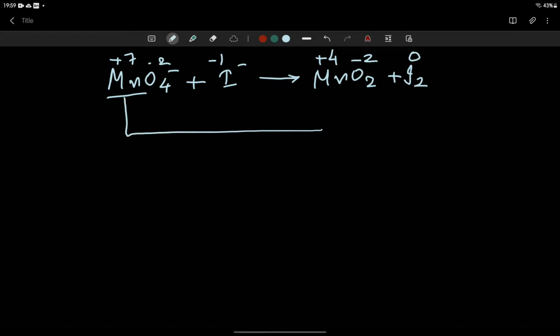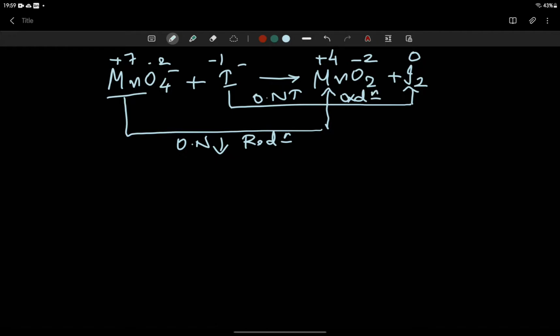Here Mn, as we can clearly see, is getting reduced from +7 to +4. When the oxidation number reduces, it is reduction, and when the oxidation number increases, it is oxidation.